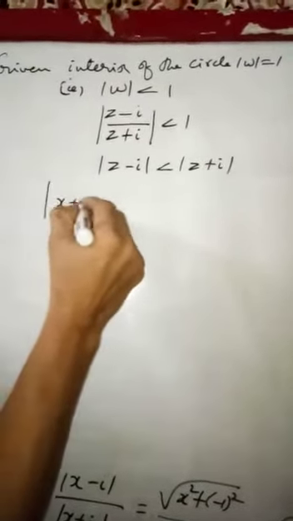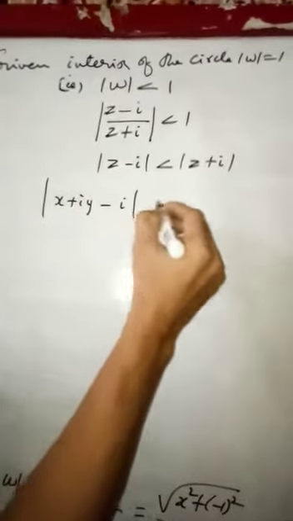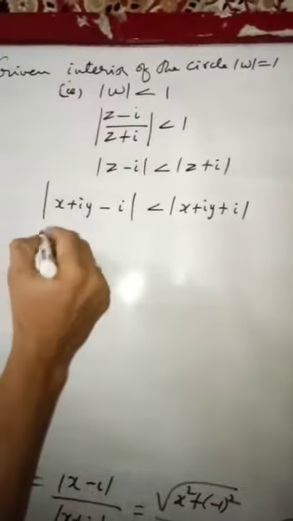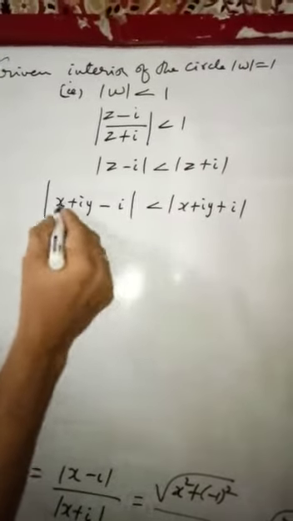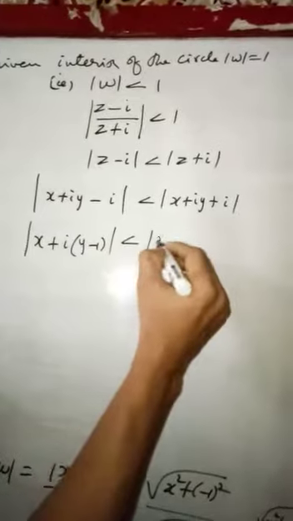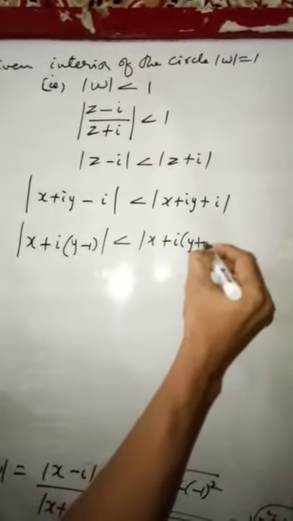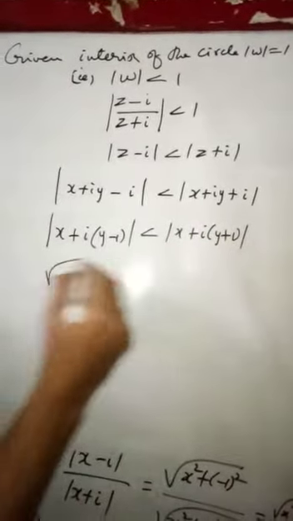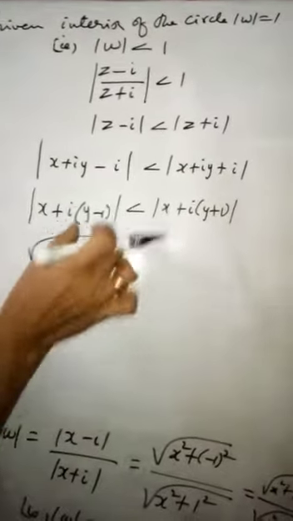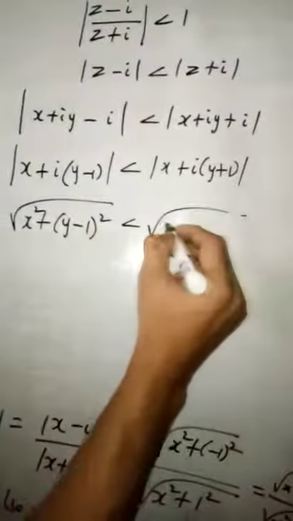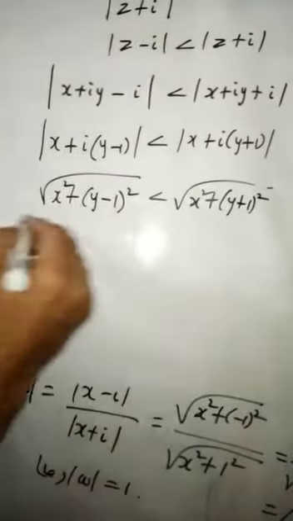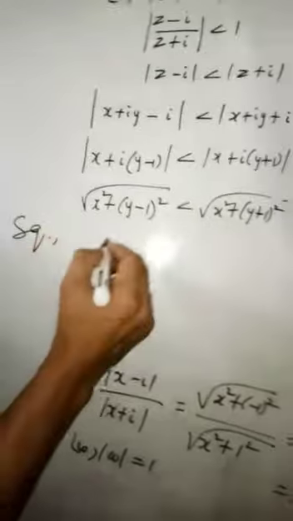Replace z equal to x plus iy on both sides. Now combine the real and imaginary parts. The real part is x, the imaginary part is y minus 1. Similarly here, x plus i into y plus 1. The modulus of x plus iy is the square root of x square plus y square. Here the imaginary part is y minus 1. Similarly on the right hand side, x square plus y plus 1 whole square. Squaring on both sides, the root will vanish.